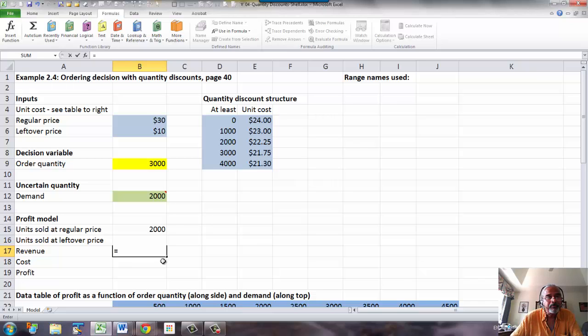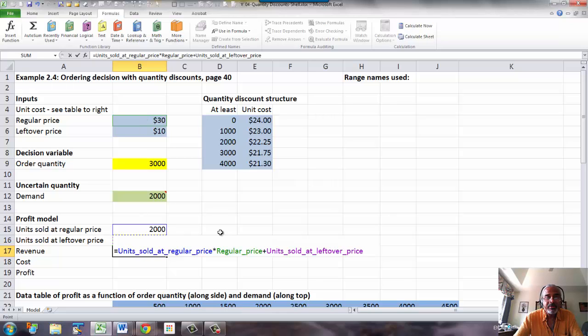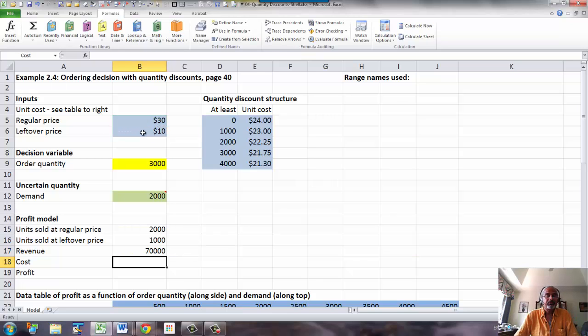One is units sold at regular price times regular price, plus units sold at leftover price times the leftover price. So this will give us the revenue.